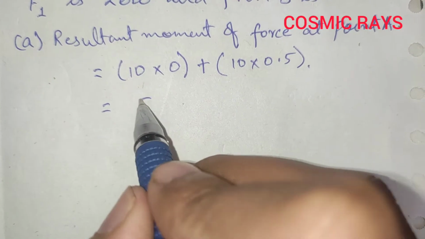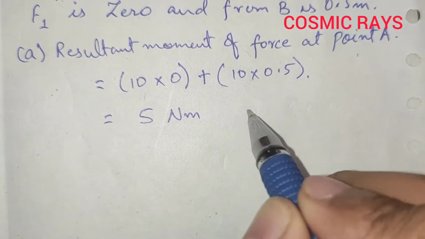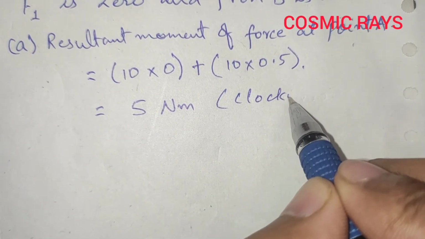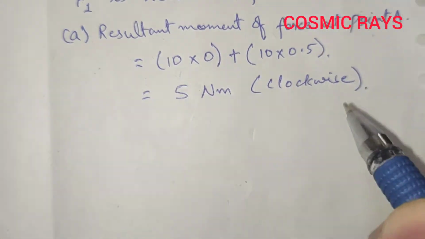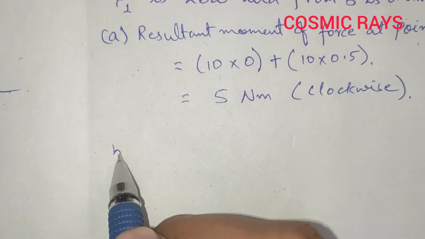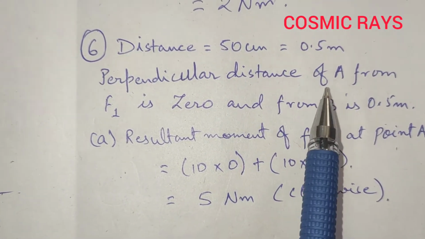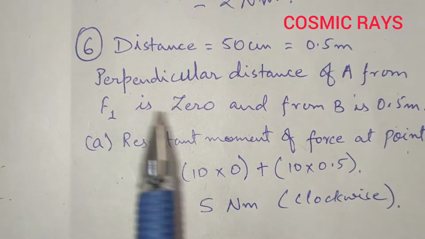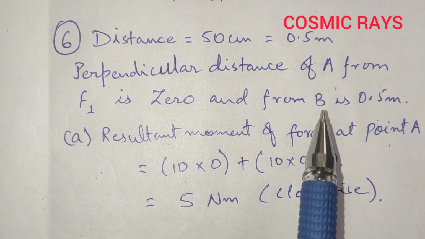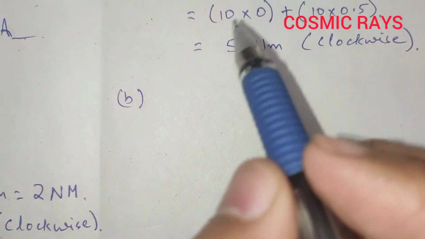So that is 5 Newton meter clockwise. Now for the second one, similarly, the perpendicular distance of B from F2 will be 0 and from A it will be 0.5 meter.